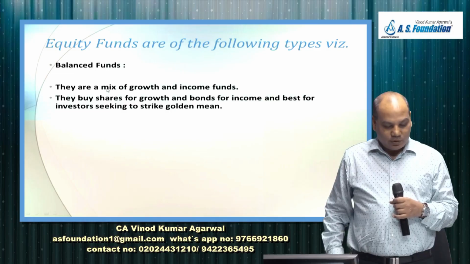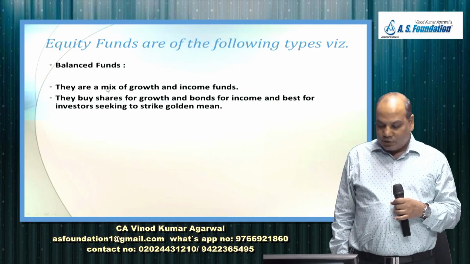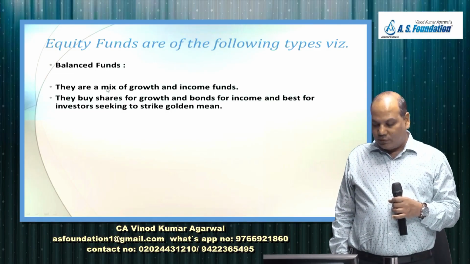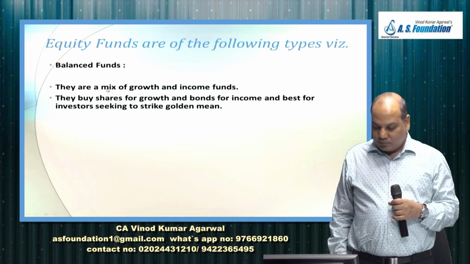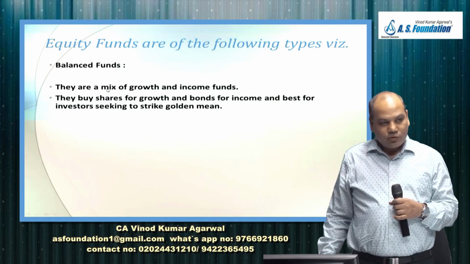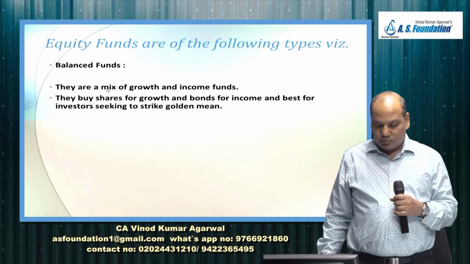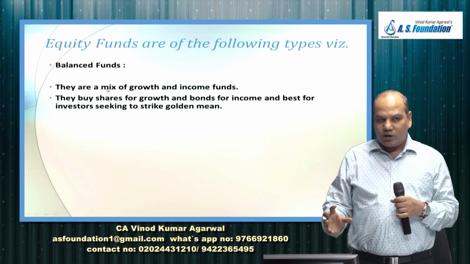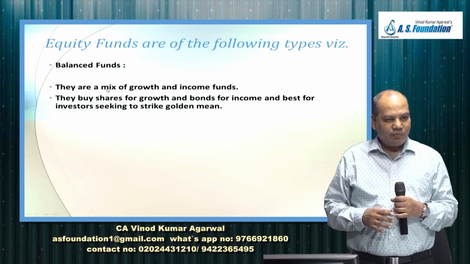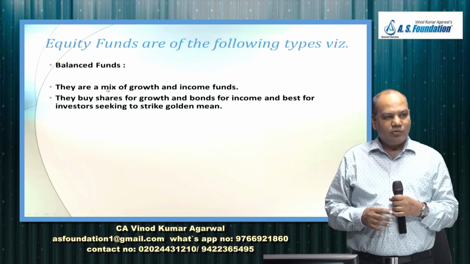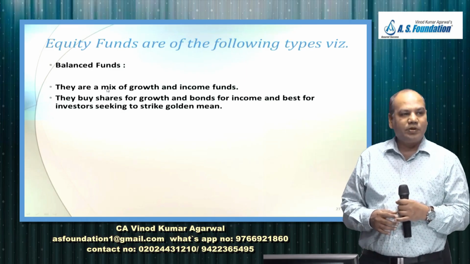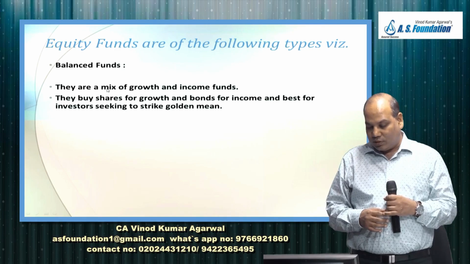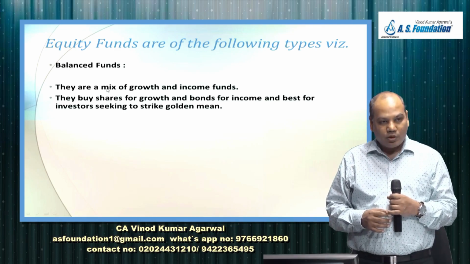Next is balanced fund. As the name suggests, balanced funds invest in both shares and bonds. But the major portion would be shares. Around 60-65% would be shares and then 35% would be bonds.